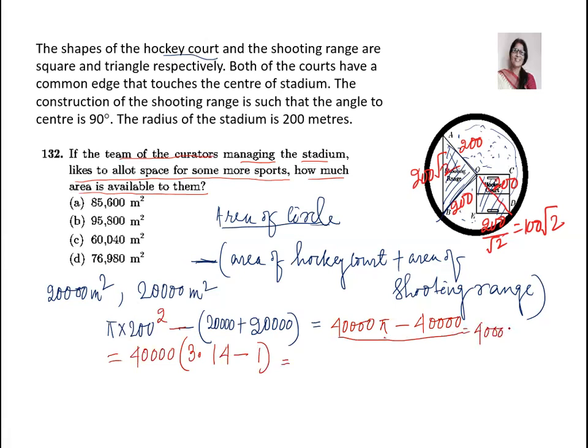Pi is 3.14, we know. So 40,000 multiplied by 2.14.